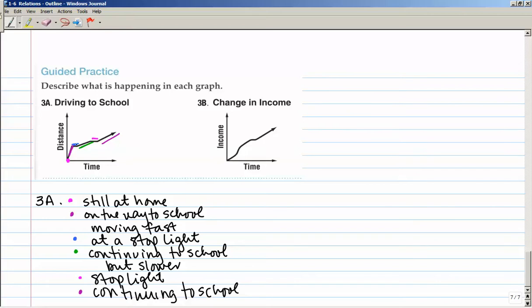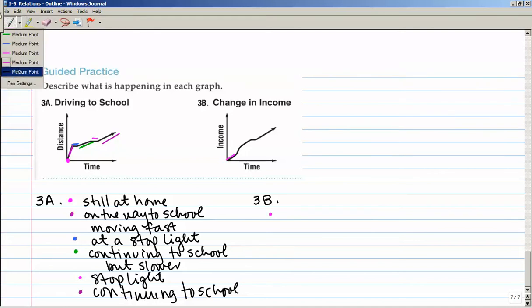Anytime it's flat, time is passing, but the distance is not changing. Let's take a look at example 3b here. Not quite as many changes in this one. And this is talking about a change in income. So as time is increasing, my income is also increasing. And you'll notice that for this piece right here, it's a pretty steady rate of change there.